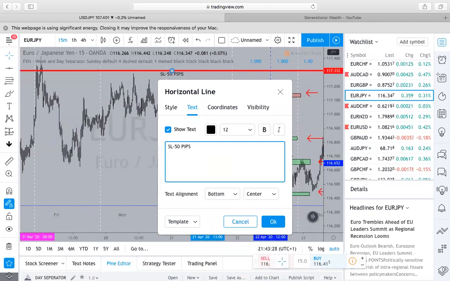This is just an example, guys. So use this based on whatever is in your trading account and whatever you are comfortable with risking. I always recommend not risking more than 2 to 3% of your account. Okay, so the stop loss will be 50 pips.